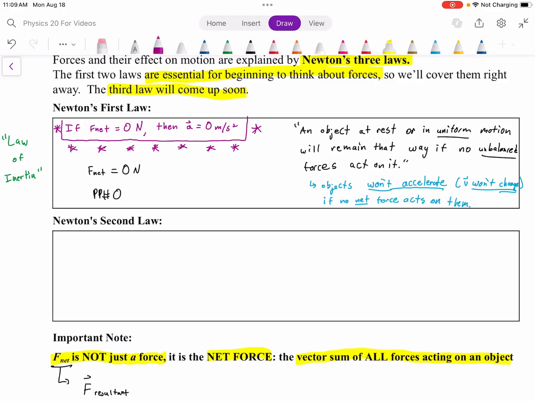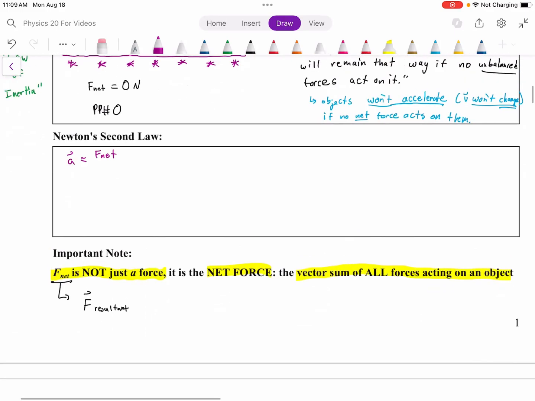It talks about how that acceleration depends on the force. So I'm going to say it nice and simple at first. We will dive into this in a second. But here is Newton's second law. It really boils down to an equation. The acceleration of an object will be equal to the net total force acting on it divided by the object's mass. That's it. That's Newton's second law, really.